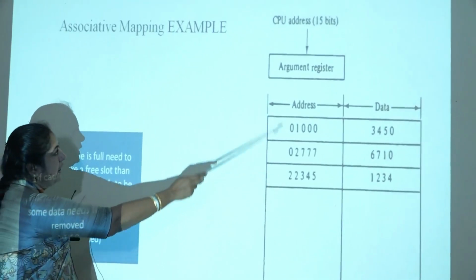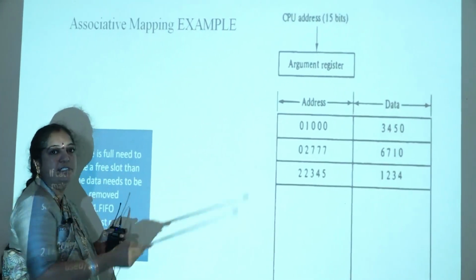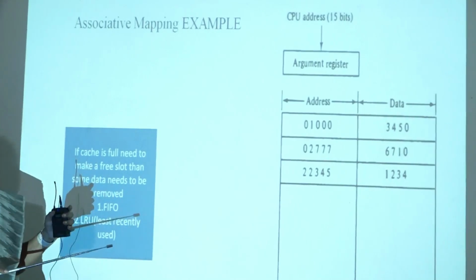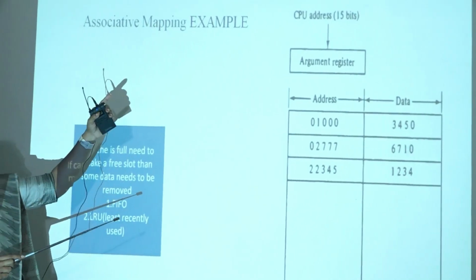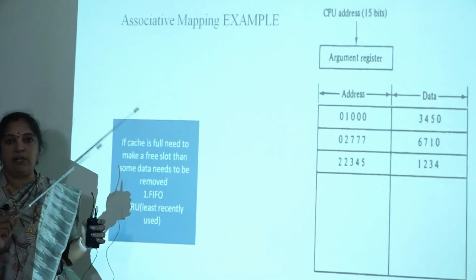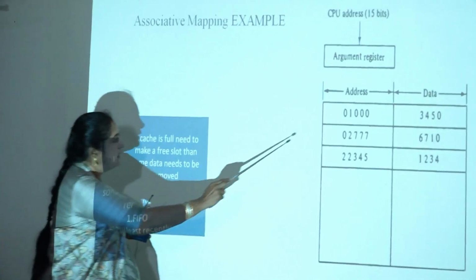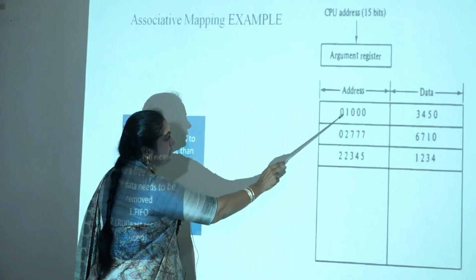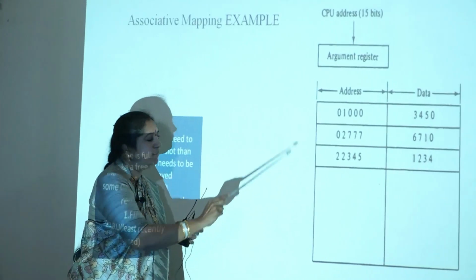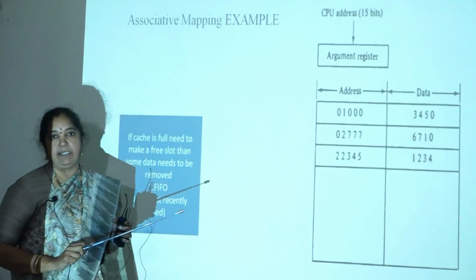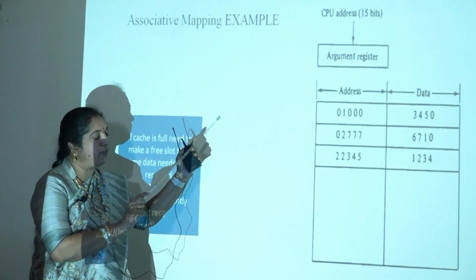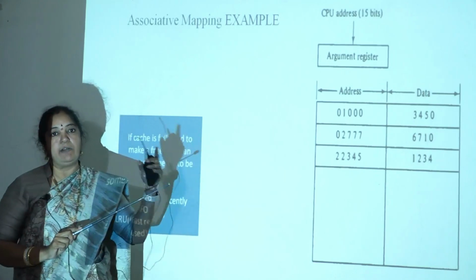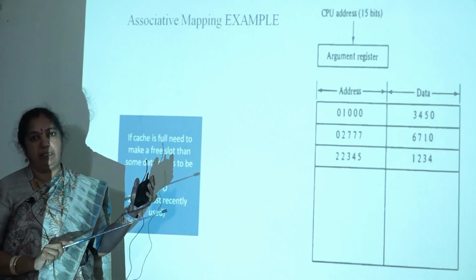Here we have the argument register. In the argument register we send the address generated by the CPU, and the CPU-generated address consists of 15 bits. You may have a doubt that the address shows only 5 digits. Here we are using octal representation, and each digit of octal representation is equivalent to 3 bits of binary representation.